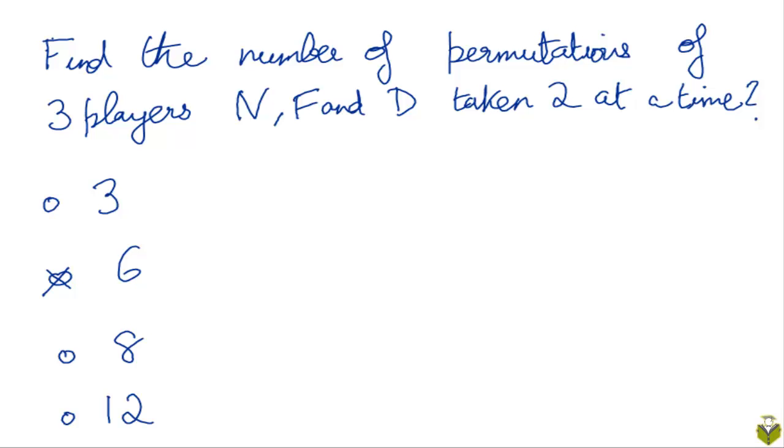If I go to the next page, I have 3 players, N, F, and D, and I have to just take permutations of these 3 distinct objects.